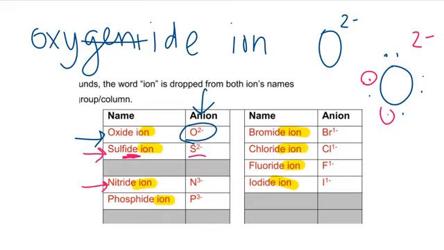Nitrogen becomes nitride, phosphorus becomes phosphide, bromine becomes bromide ion, chlorine to chloride, fluorine to fluoride, iodine to iodide. So those are our anions. Again, they are nonmetals that gain electrons, so they become a negative anion or negative charged ion.